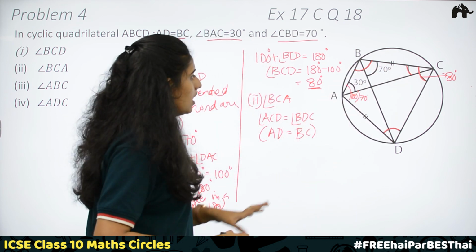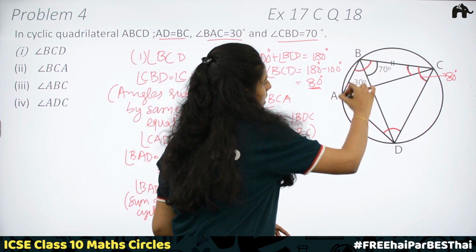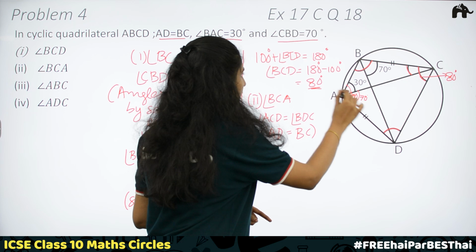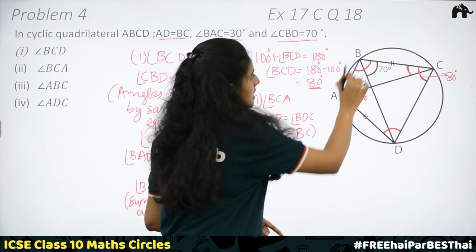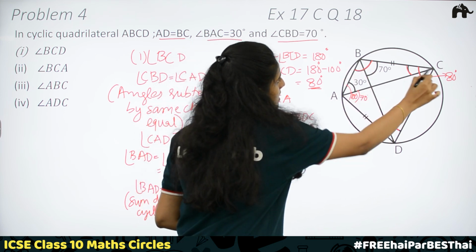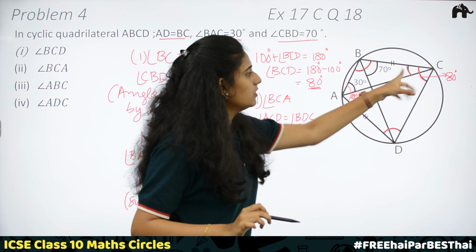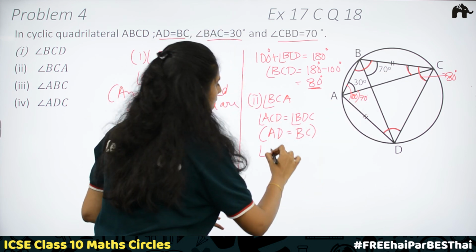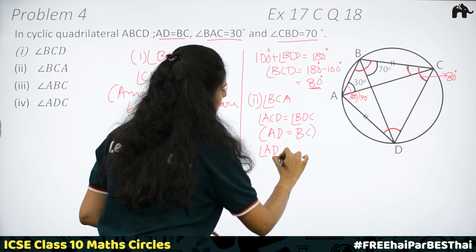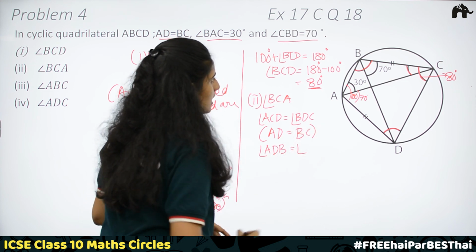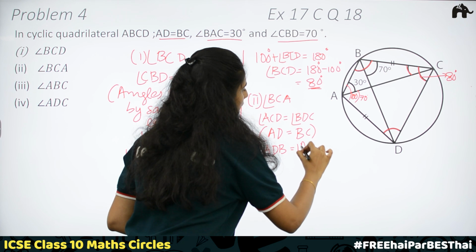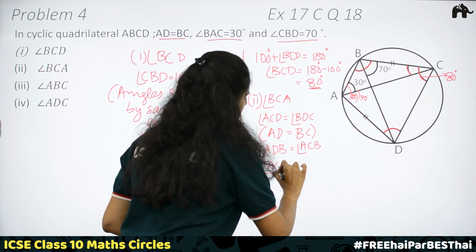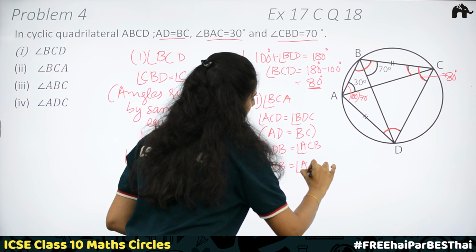Okay. Now, when you consider this chord AB, AB subtends angles ADB and ACB. The measure of these two angles will be equal. Angle ADB will be equal to angle ACB, or angle ACB is equal to angle ADB.